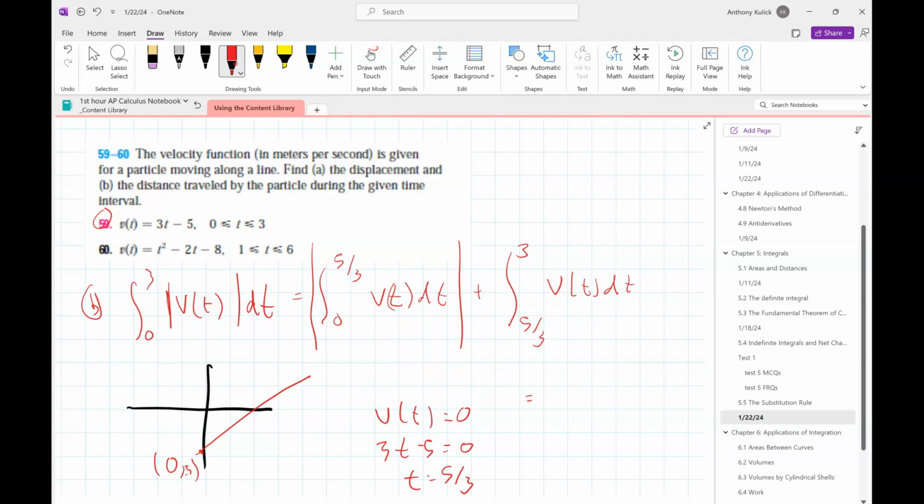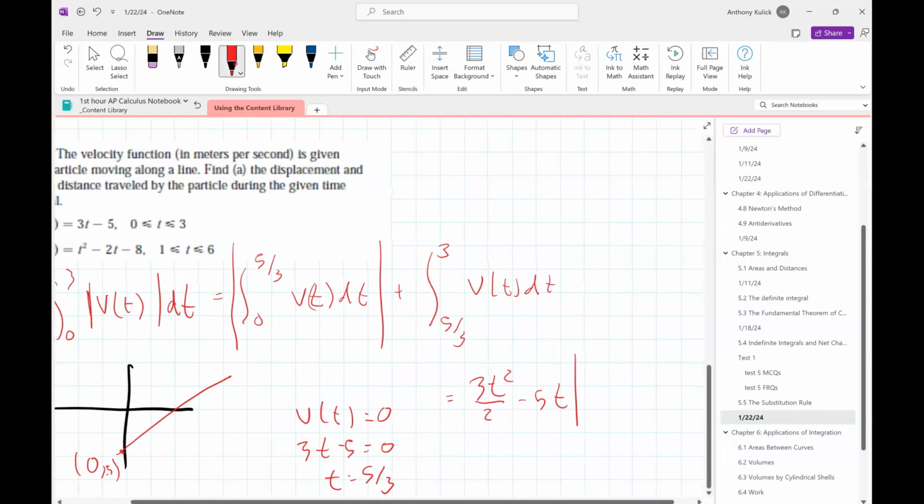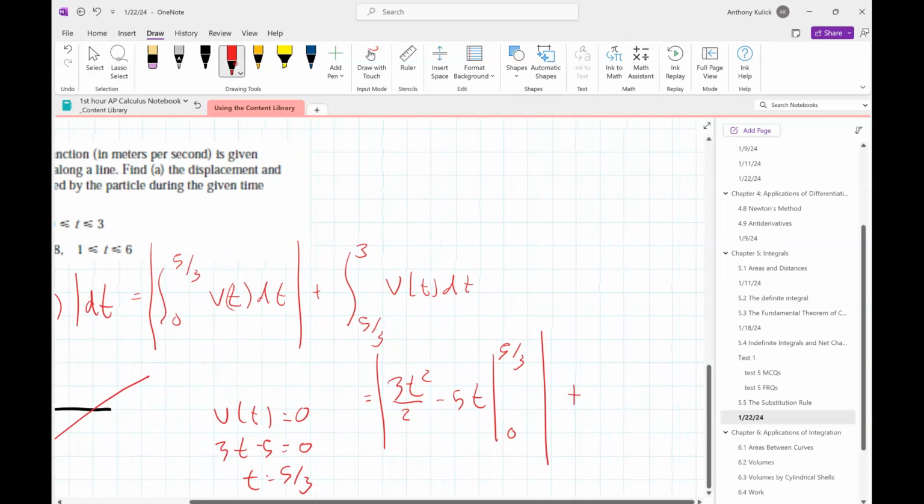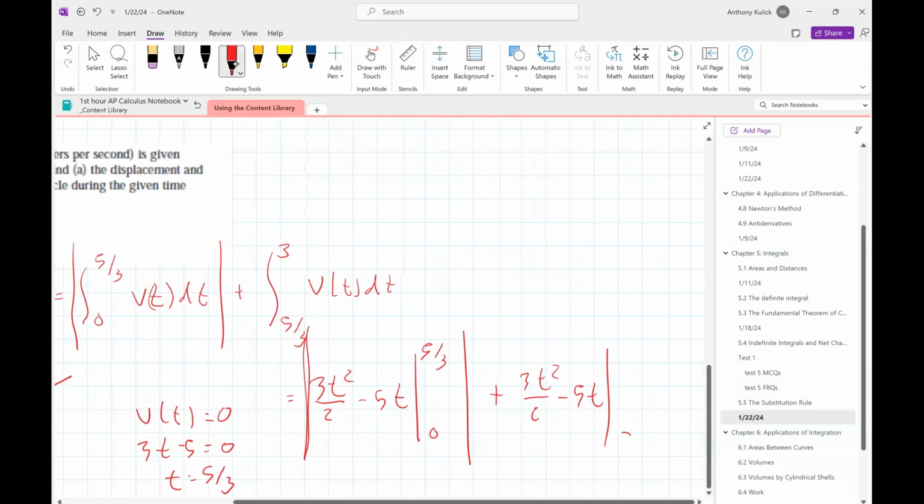Does that feel okay? So it's going to be 3t squared over 2 minus 5t from 0 to 5/3. And then we've got to absolute value that. And then this one is the same thing, but here from 5/3 to 3.